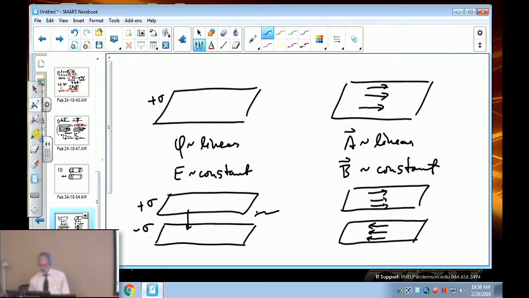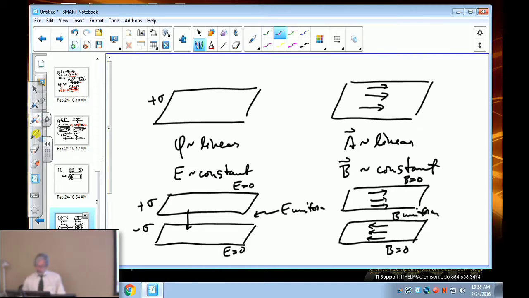So in here, the E field is uniform, and outside E is equal to 0. Well, you get the same thing for the B field. B is 0 outside, and inside B is uniform, but it's not in the direction that the electric field is, right? Let's see, so it goes this way. The B field points that way in between the plates.